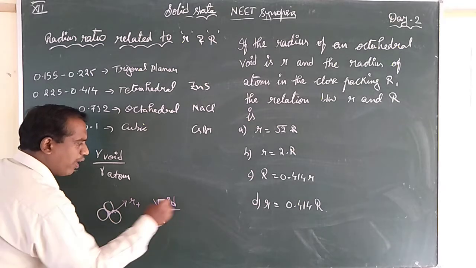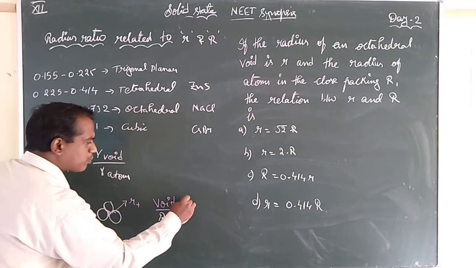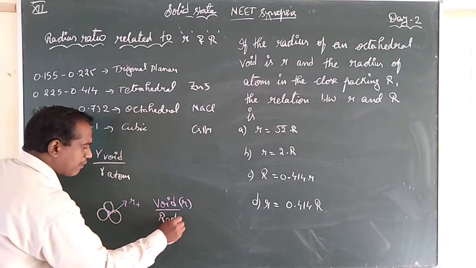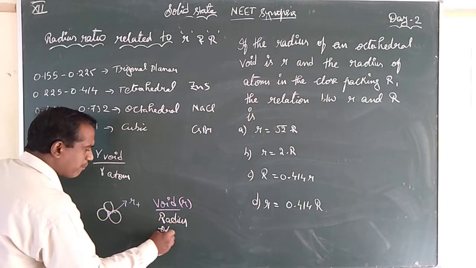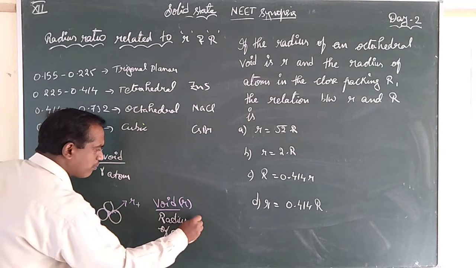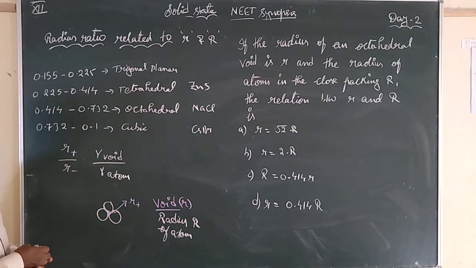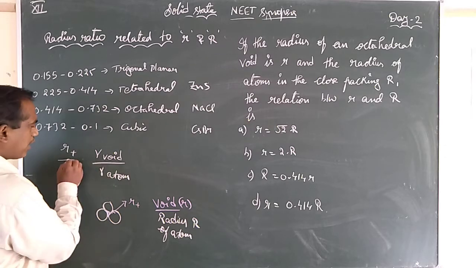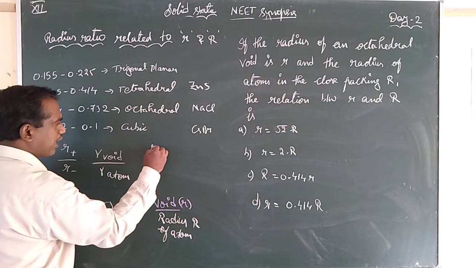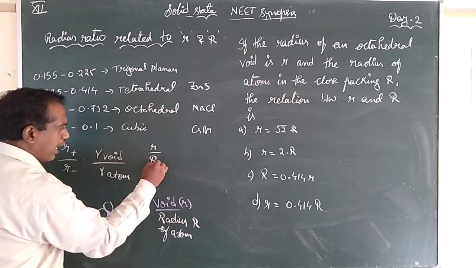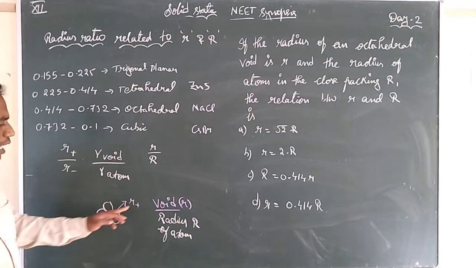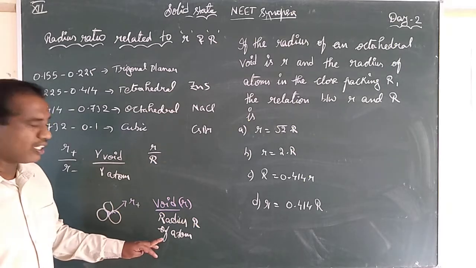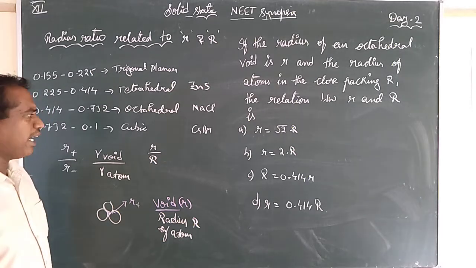The void we represent with small r, and the radius of the atom with capital R. So in place of radius ratio, we now use r by R. What is meant by r? Small r stands for the void, and capital R stands for the radius of the atom or the anion.